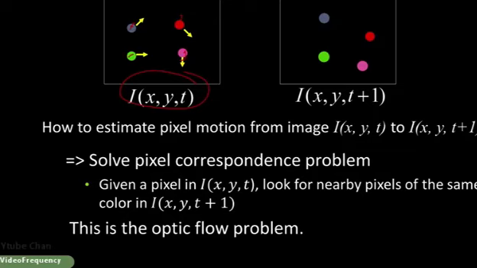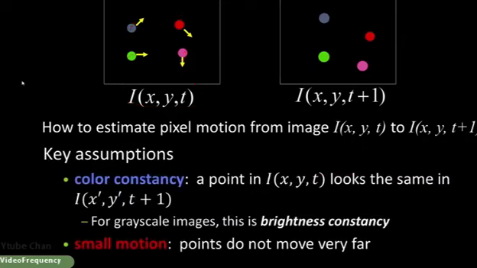And in particular, we're going to have to look at 2 words. One is this notion of nearby, and we have to look at what we mean by the same color. What we want to do is look at these terms, nearby and same color, a little more carefully. So we have 2 key assumptions. The same color is referred to here as color constancy.